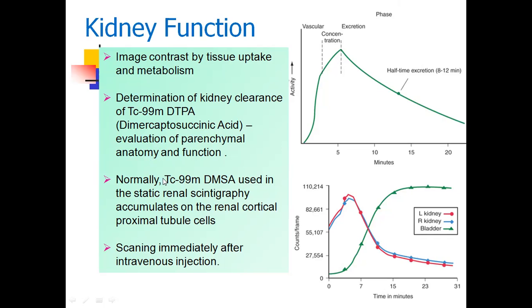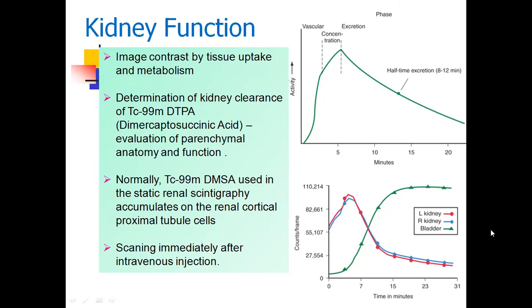Normally, technetium in combination with DTPA or DMSA is used in static renal scintigraphy, and it accumulates in renal cortical proximal tubular cells.